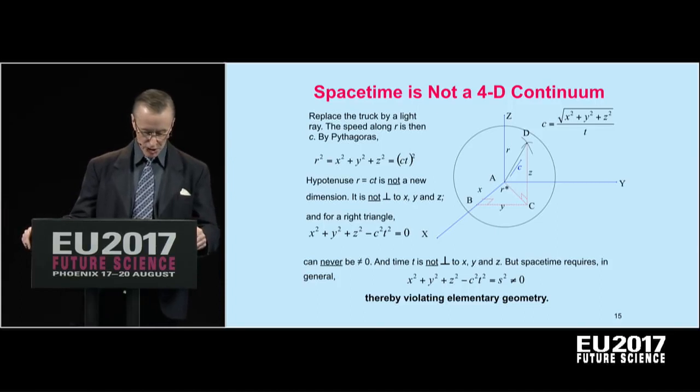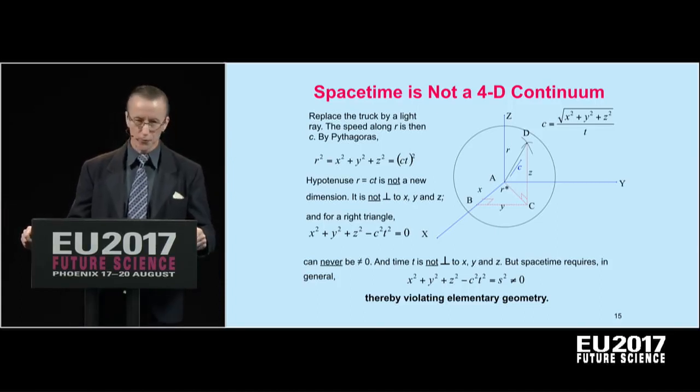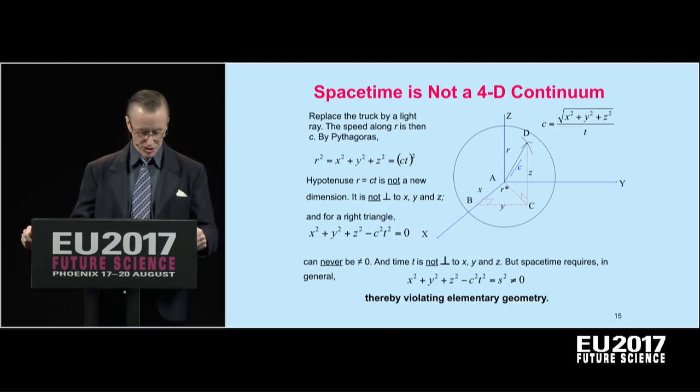And so now we come to what the cosmologists do, following Minkowski and Einstein. For the right triangle, x squared plus y squared plus z squared minus c squared t squared equals 0 always. So it can never be not equal to 0, and it can never be orthogonal to x, y, and z. It's always the hypotenuse of a right triangle.